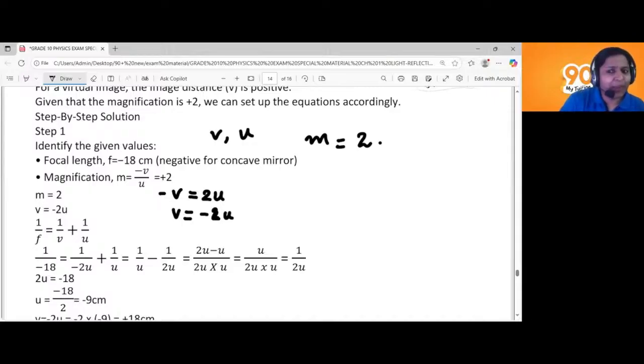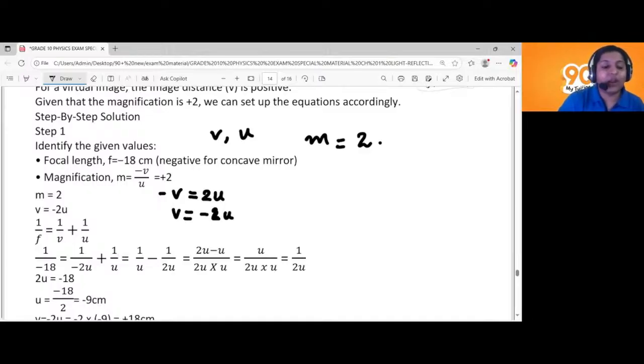1 by F equal to 1 by V plus 1 by U. Instead of F, we can substitute -18. So 1 by -18 is equal to 1 by V plus 1 by U. Instead of V, substitute -2U.